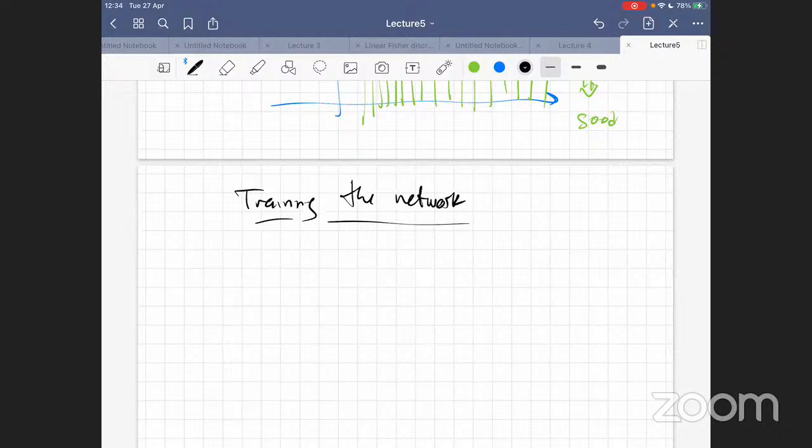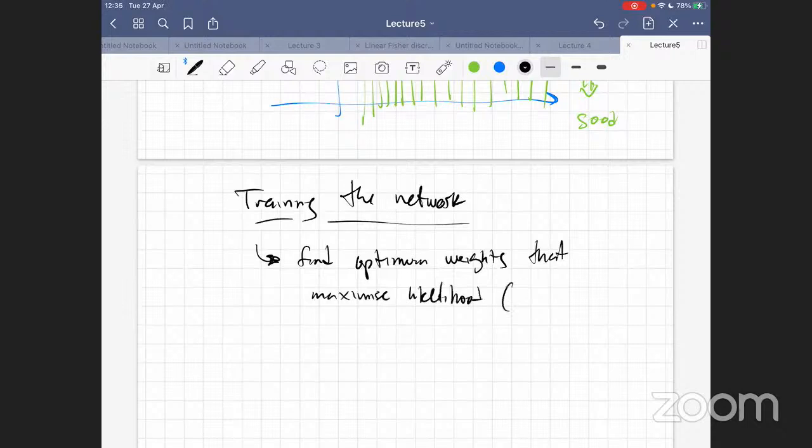So what we're doing now is seeing how the network is being trained. What you do, as usual, is find optimal weights, or the matrix of weights, that maximize the likelihood or minimize the cost function.